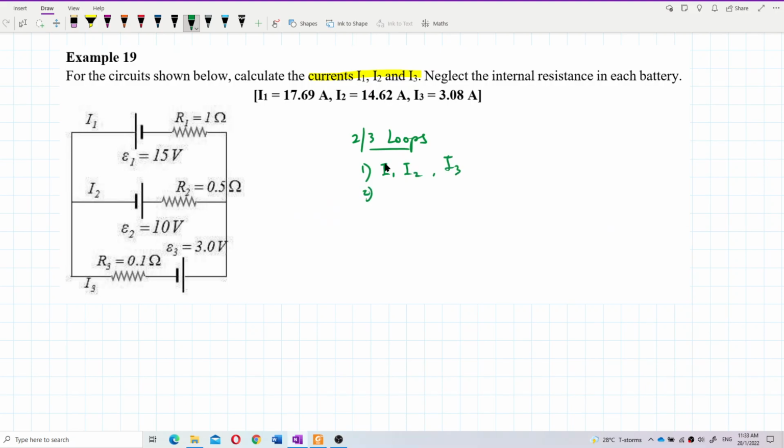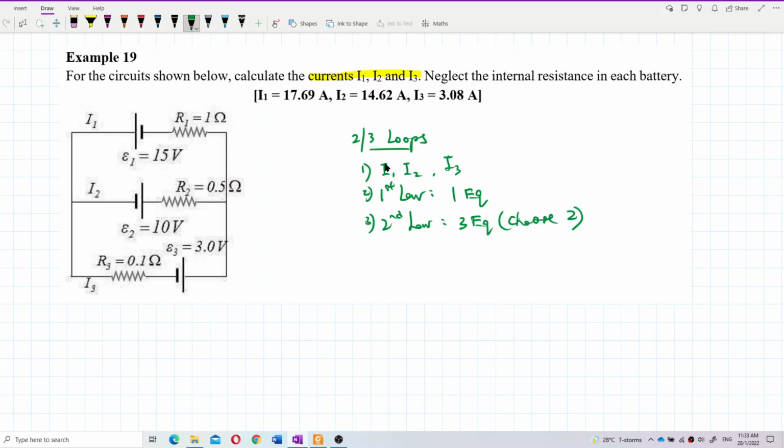Use the first law to build one equation, then the second law gives three equations, but you only choose two to solve simultaneously.